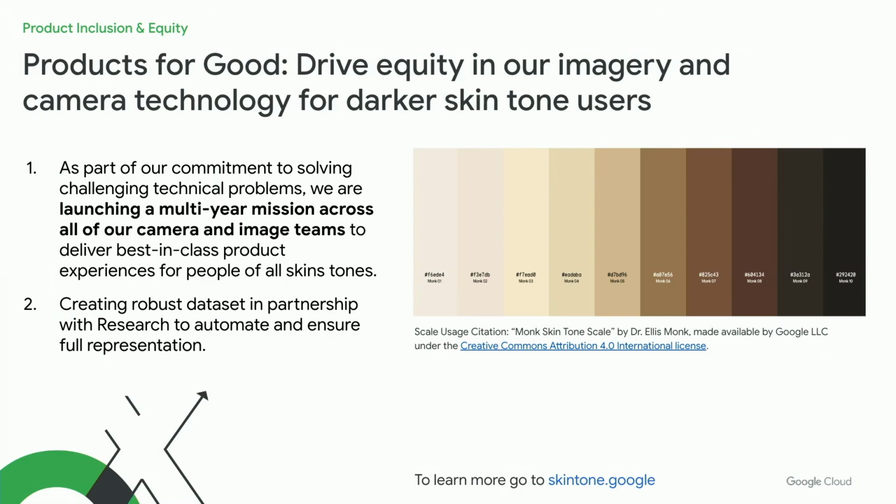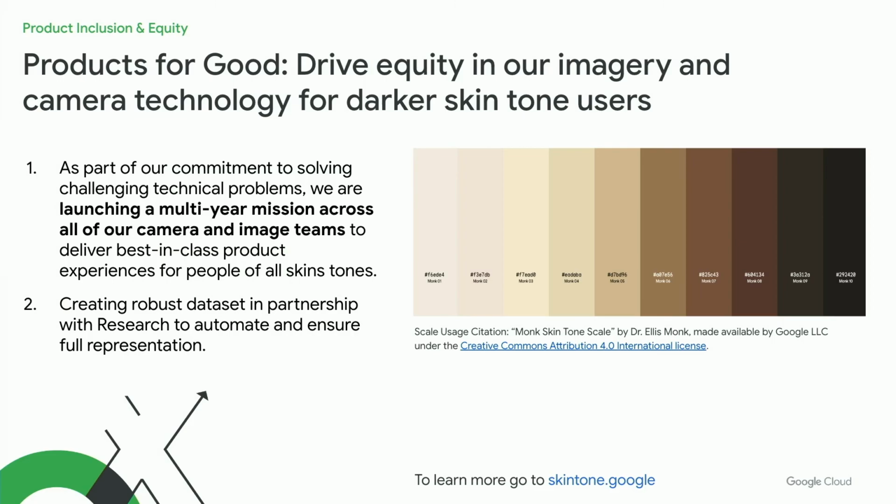We have open sourced the Monk Skin Tone Scale, so everyone can use it for skin tone machine learning, research, and to create products that work for more users. By open sourcing the scale, our goal is to improve it over time in partnership with the industry.